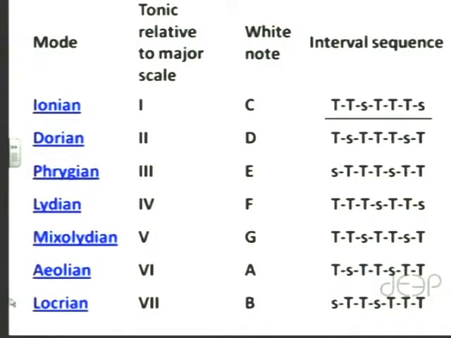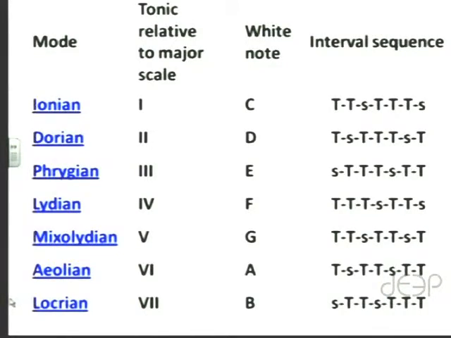The T's represent whole steps, the S's represent semitones or half steps. T represents the word tone, or whole step, whole tone. So whole, whole, half, whole, whole, whole, half. That's known as the Ionian mode, and we know that as the major scale.